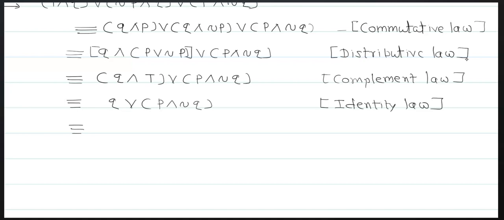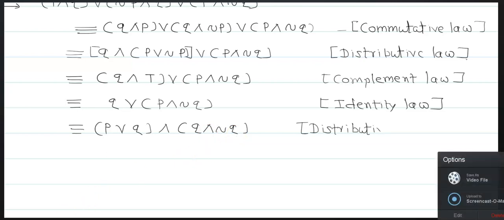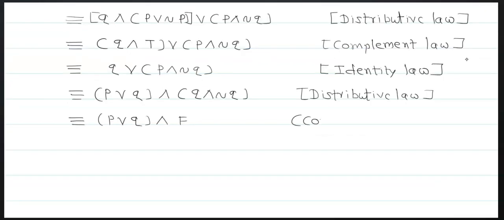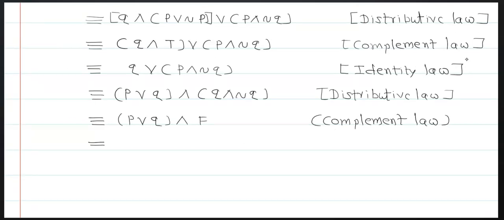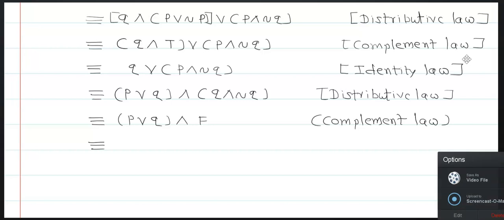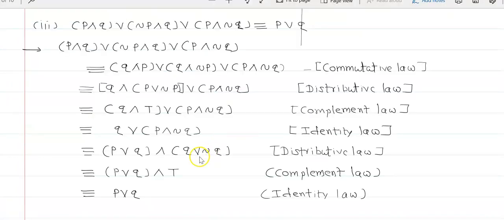And the next is, OR is distributed over the AND. That is P and Q, and Q and negation. Now here is OR.